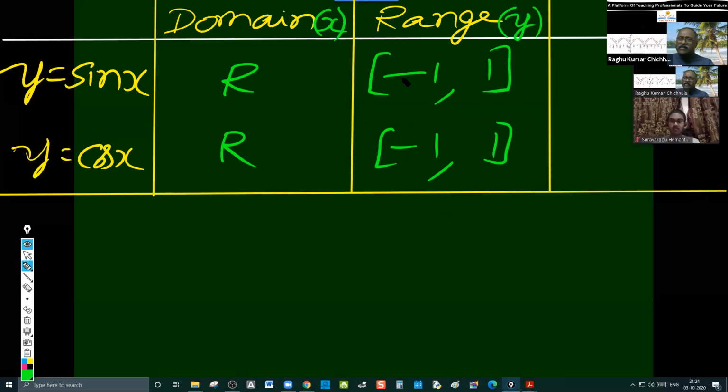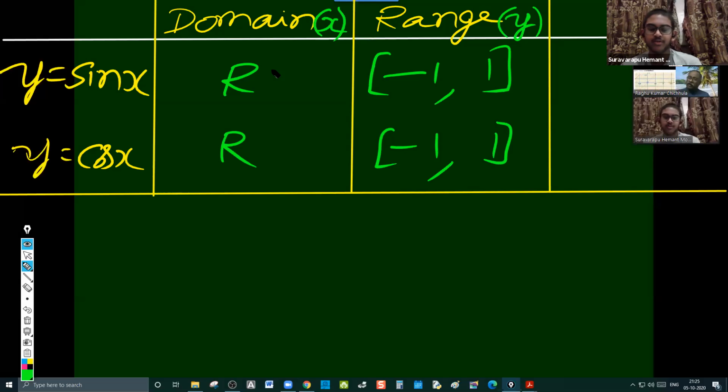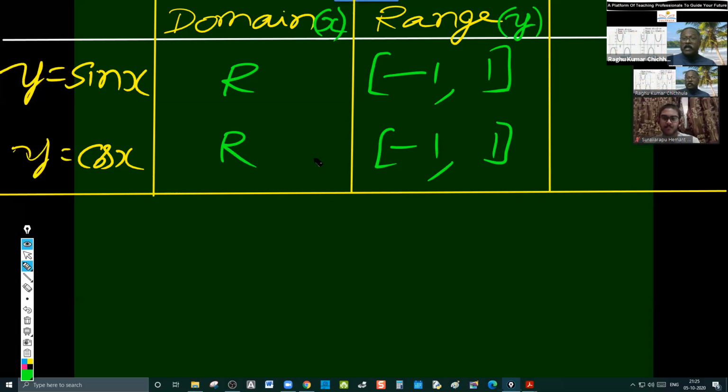It is common sense that sine x is opposite side by hypotenuse. You tell me whether opposite side is greater or hypotenuse is greater. Definitely the hypotenuse. Obviously, hypotenuse is greater, and hence the value will never exceed 1.